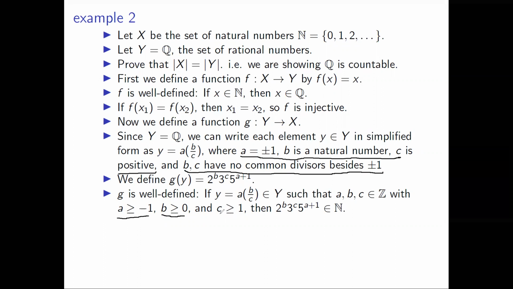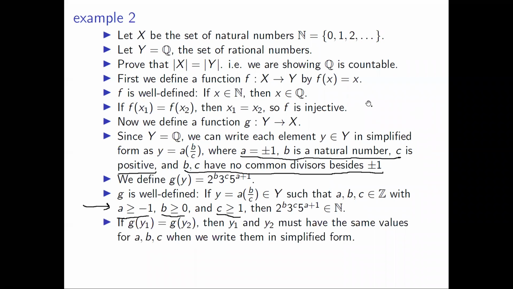And since c is positive, this implies that c is at least 1. That means that the number 2 to the b times 3 to the c times 5 to the a plus 1 is in the natural numbers. So even though it's possible for a to be negative, that a plus 1 guarantees us that the exponent is non-negative. So this will be a natural number, this product right here. So that gives us g is well defined.